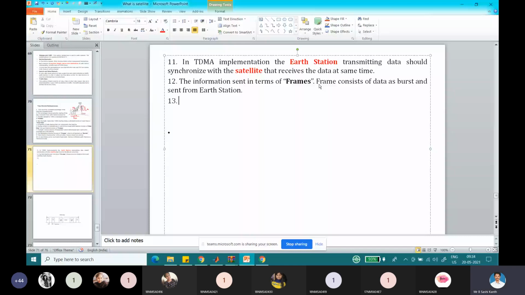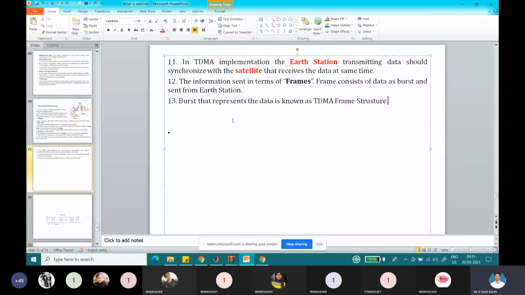The burst that represents the data is known as the TDMA frame structure.